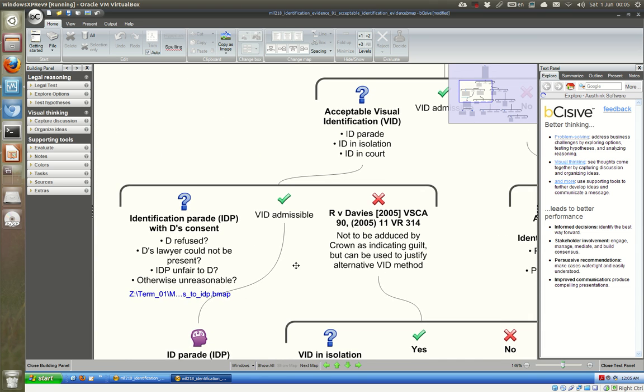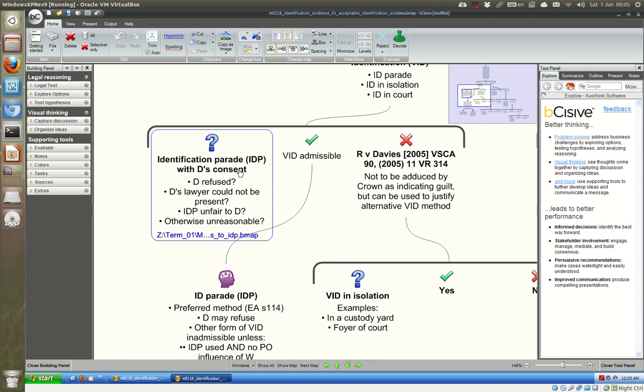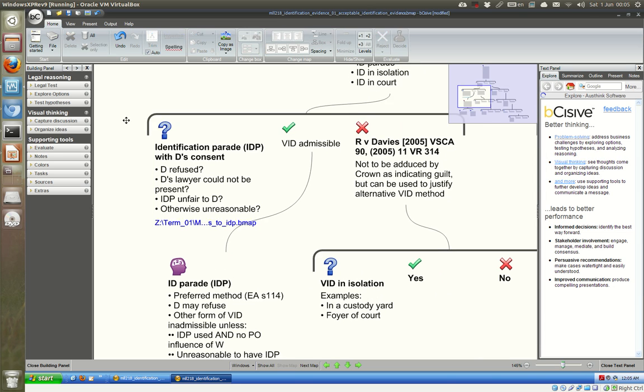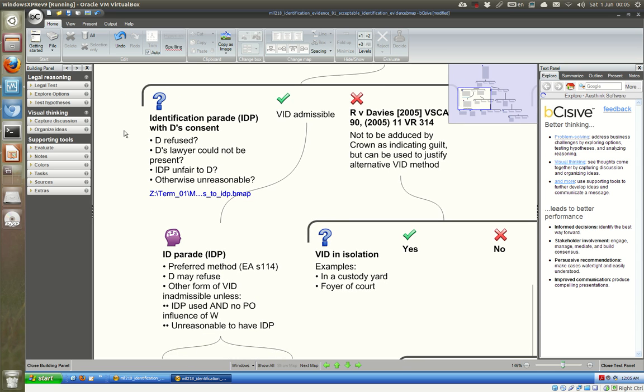And the first question is really whether the police did make use of an identification parade, and if they didn't, why they didn't, because if they do not have a good justification for not availing themselves of an identification parade, then the other forms of visual identification evidence may not be admitted.